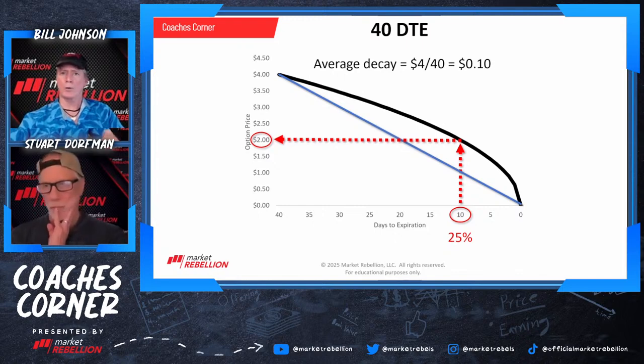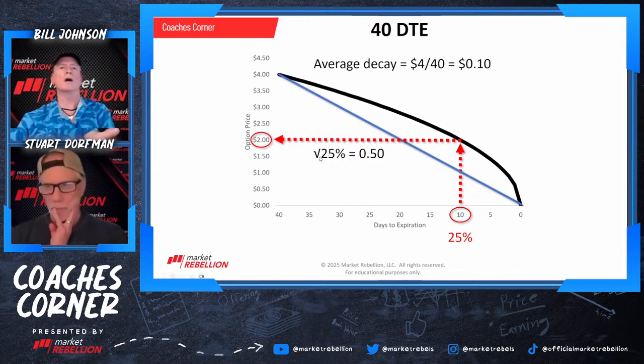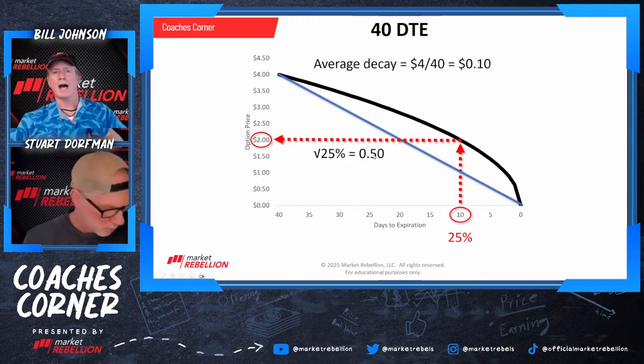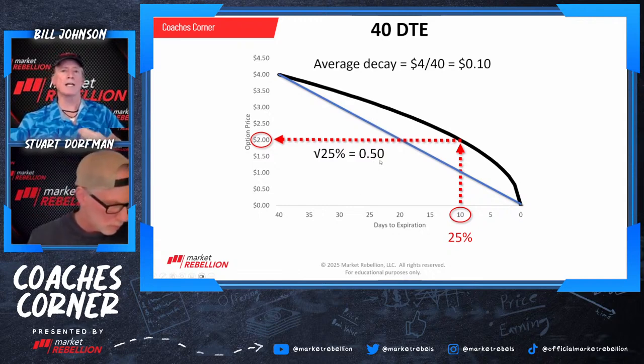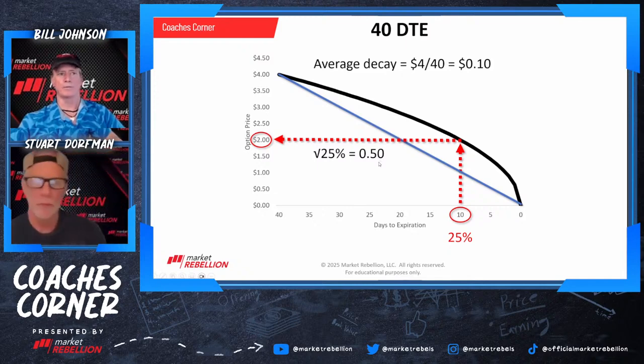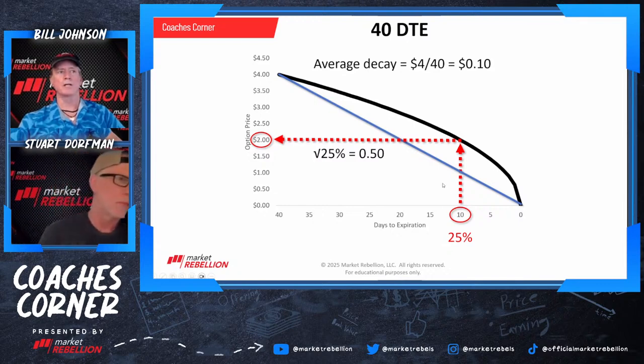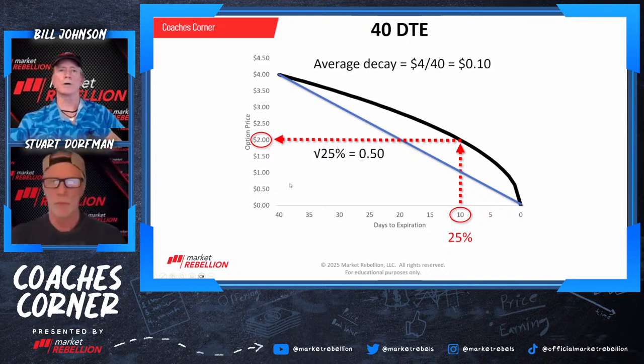Now, we can go back to our square root relationship, and the square root of 25%, remember, it's how much time remains, is a half, and that tells us it's going to retain half of its value. That'll work for any point on the line. Just convert it to a percentage, take the square root, and that'll tell you what's going to happen to your option price.